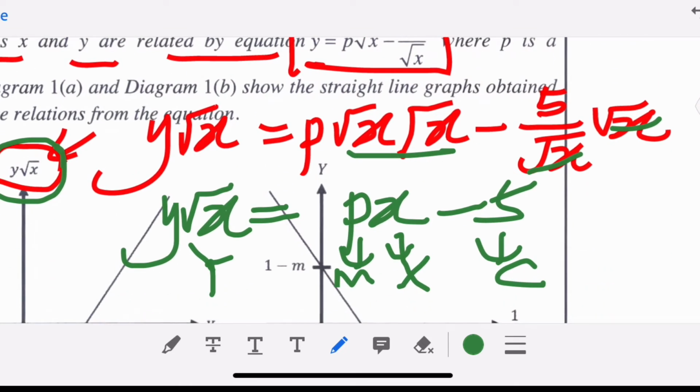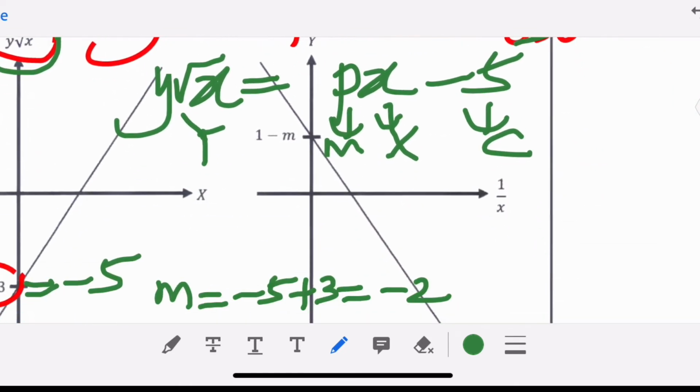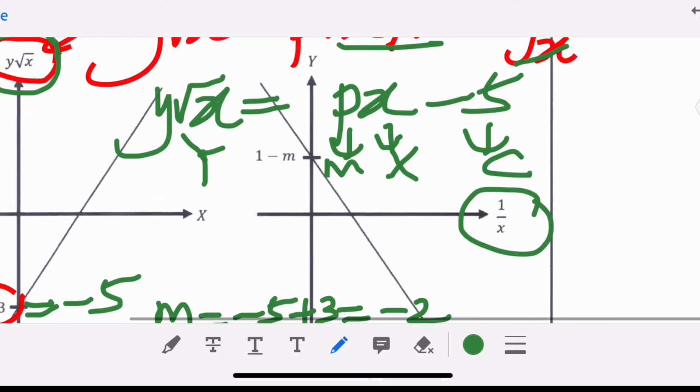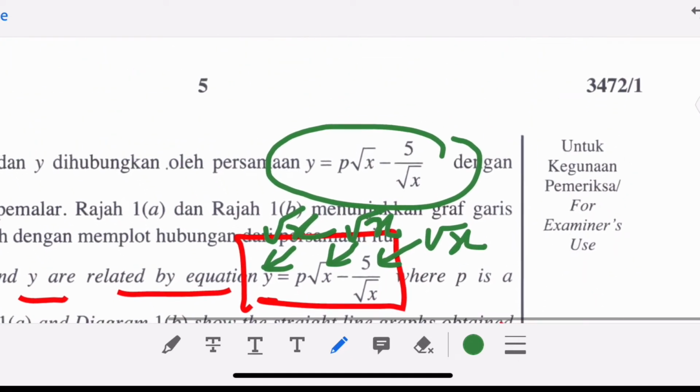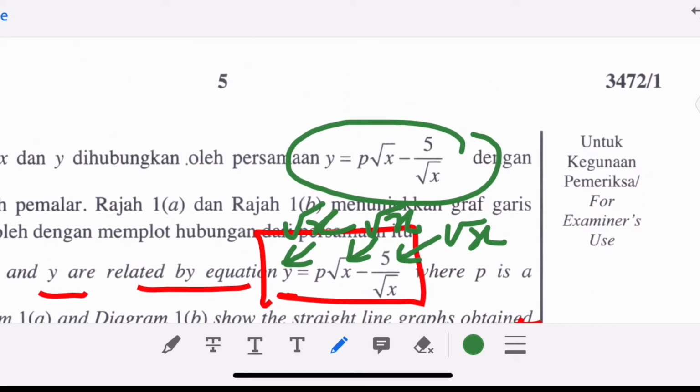We look at the graph here. The graph here is going to modify the equation until 1 over x. If you want to get 1 over x, you must multiply every term by 1 over square root x.